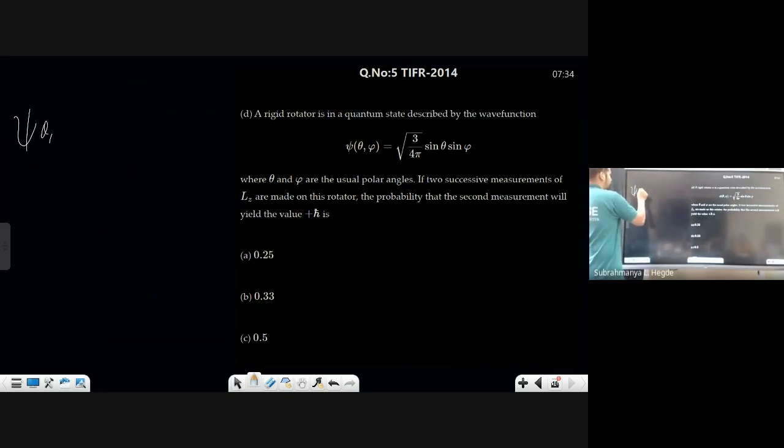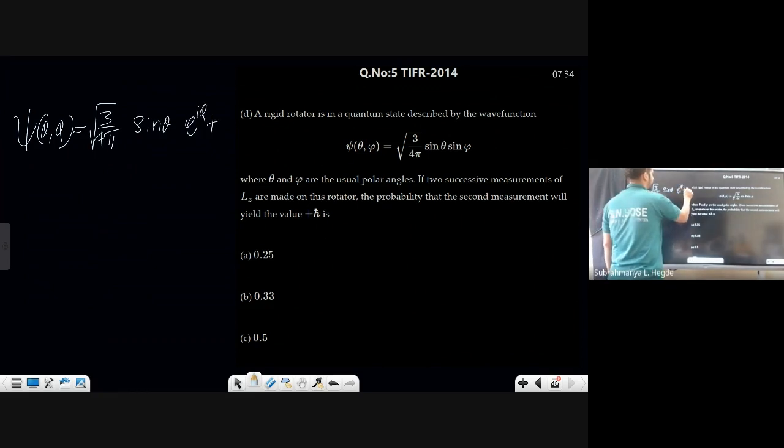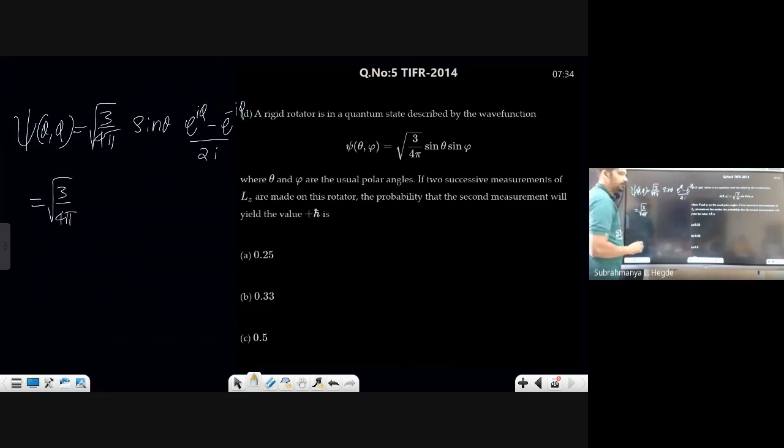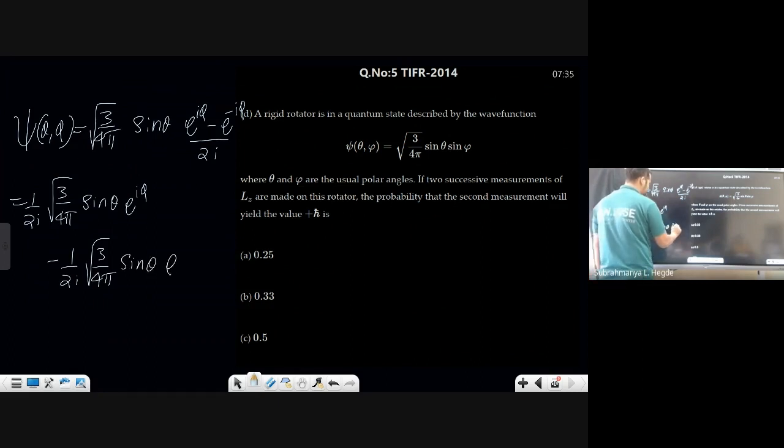Psi of theta phi equals root of 3 by 4 pi, sin theta into e to the i phi minus e to the minus i phi, divided by 2i. So this is nothing but root of 3 by 4 pi sin theta e to the i phi divided by 2i, minus 1 by 2i root of 3 by 4 pi sin theta e to the minus i phi.